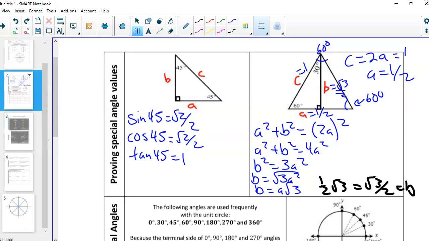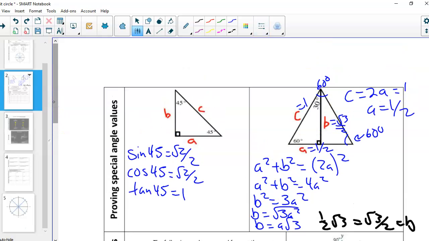Well, now we can find the sine, cosine, tangent of these values. So what would the sine of 30 degrees be?